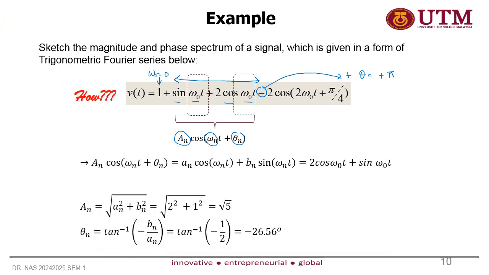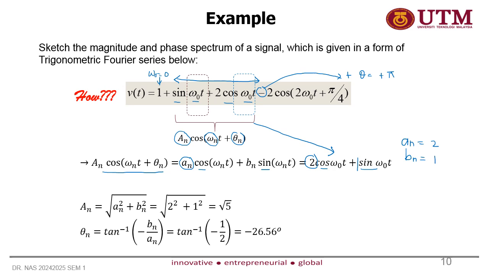The general equivalent equation is equal to An cos(omega n t plus theta n), where an is the coefficient for the cos function and bn for the sine function. Let's compare the general equation with the equation you have. For the cos function you have an, so an equals 2. For the sine function you have bn, so bn in this case is 1.